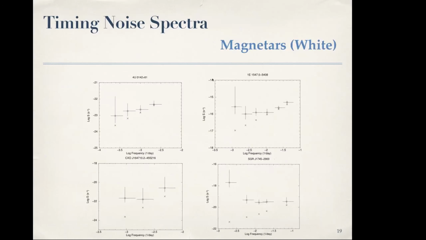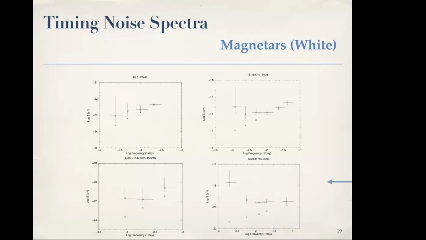The upcoming several slides consist of the constructed power density spectra of the studied sources. I have tried to group the power density spectra of magnetars, however, their patterns are rather inconclusive. This slide consists of power density spectra of magnetars possessing a white noise.